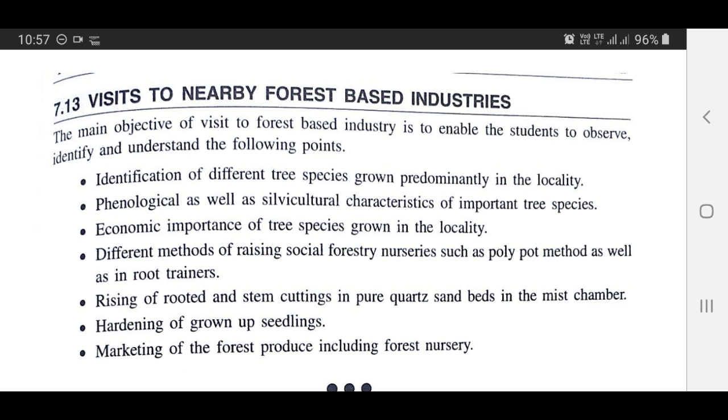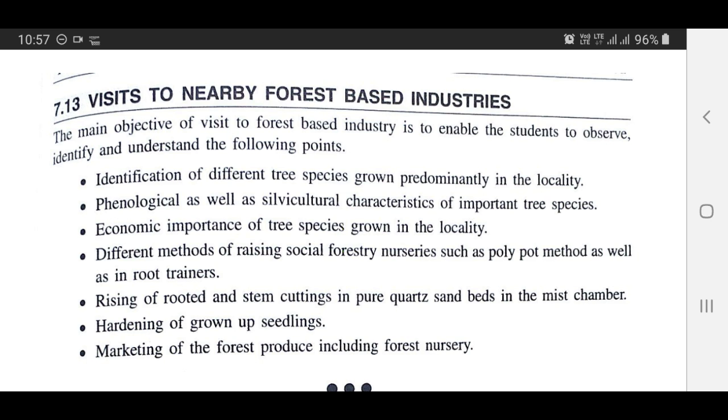Next point is raising rooted stem cuttings in pure quartz sand beds in the mist chamber. This is also practiced in the forest nurseries, where there is a mist chamber which gives a mist, that is a high moisture containing atmosphere in the chamber.